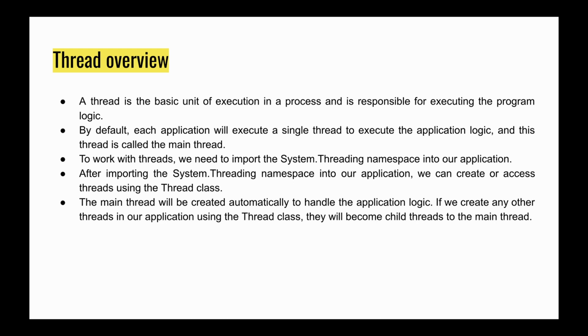To work with threads, we need to import the System.Threading namespace into our application. After importing the System.Threading namespace, we can create or access threads using the Thread class. The main thread will be created automatically to handle the application logic. If we create any other threads in our application using the Thread class, they will become child threads to the main thread.